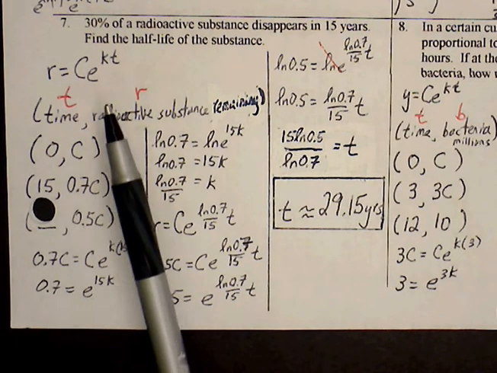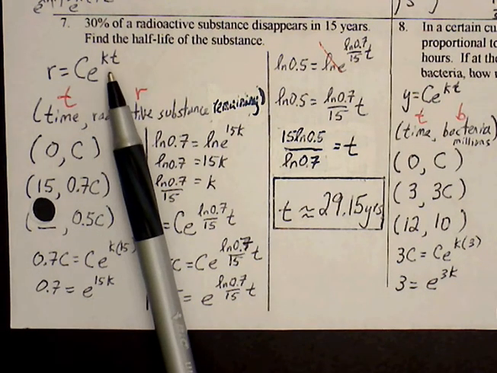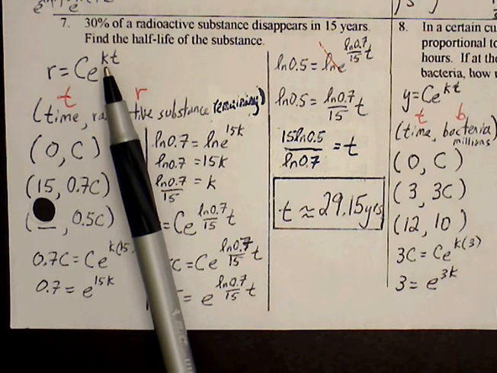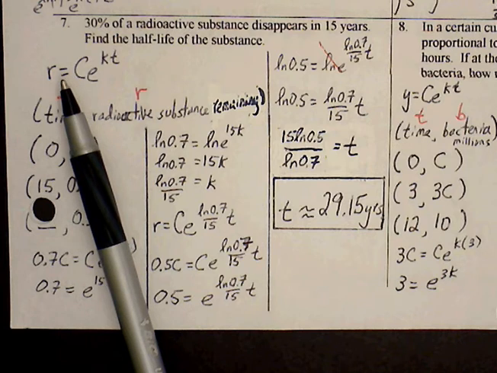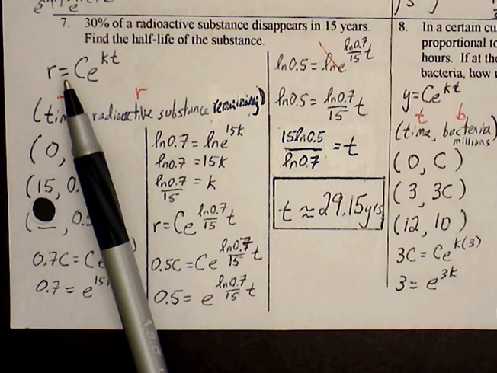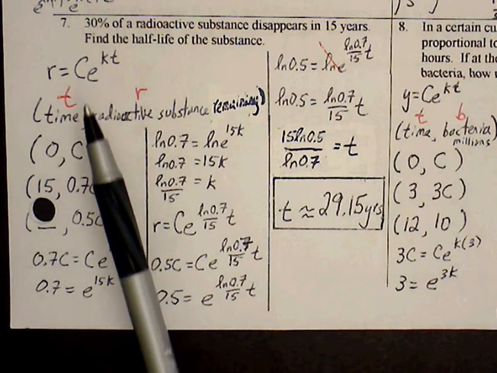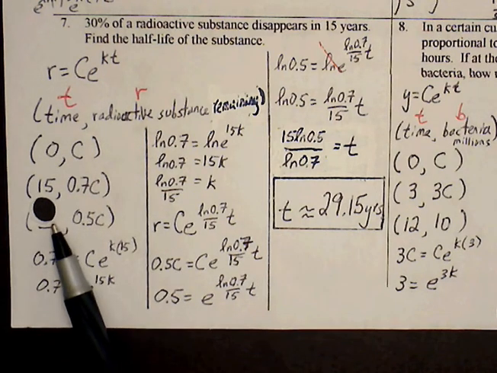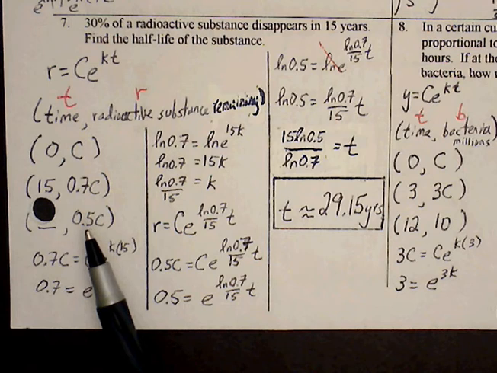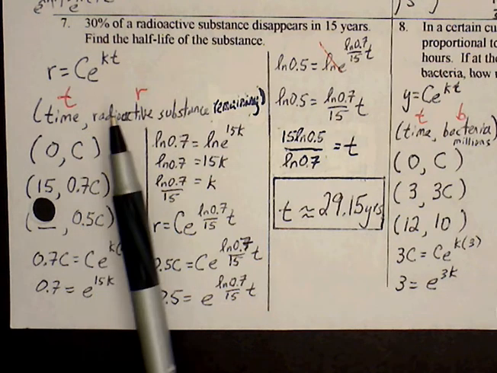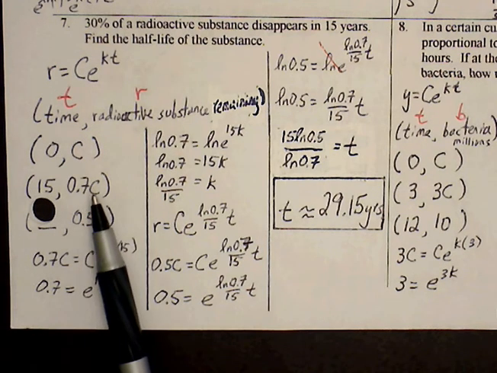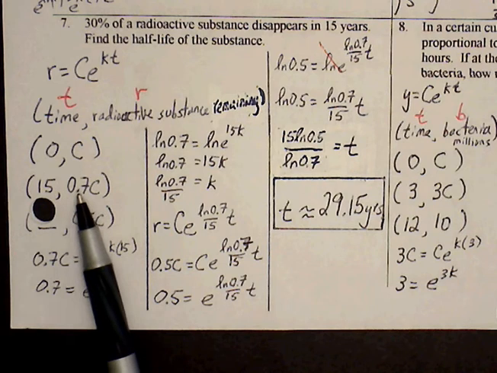Now again, this is a problem where we have to go backwards a little bit. We have to solve for K, and then once we solve for K, we can use that information to solve for time, the time before 0.5 C remains.